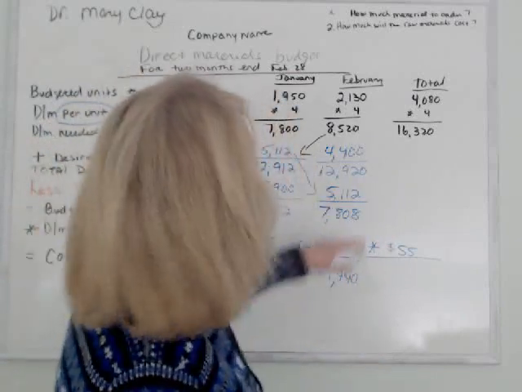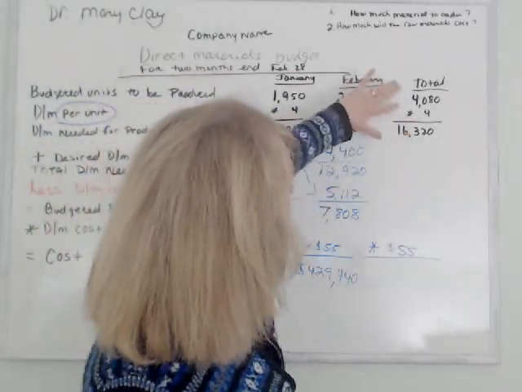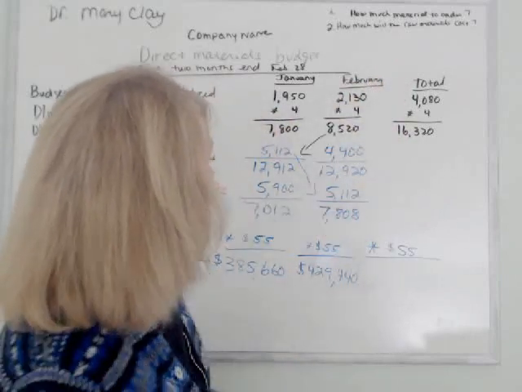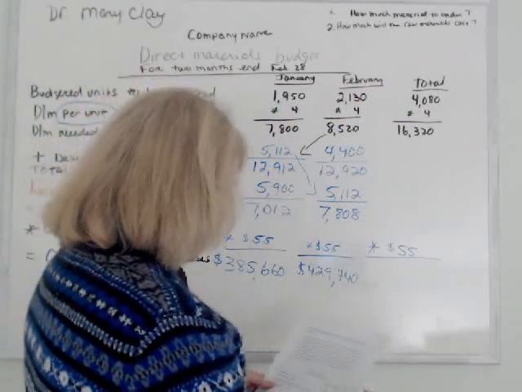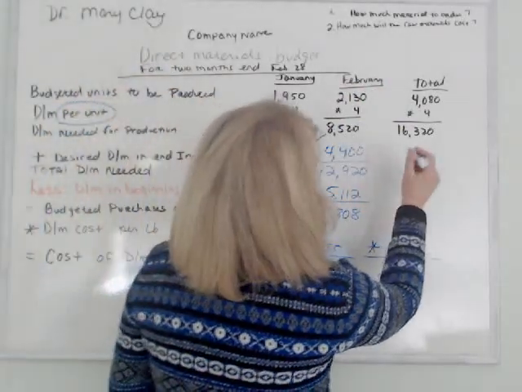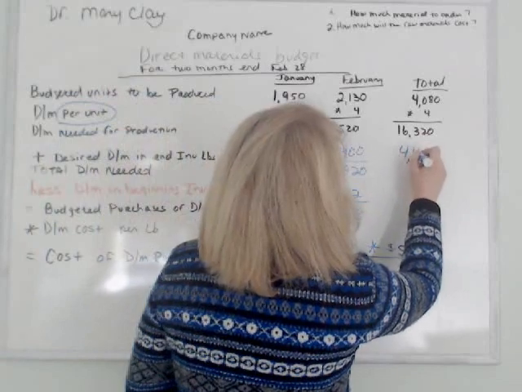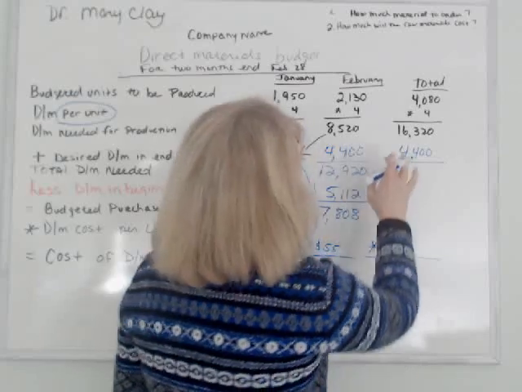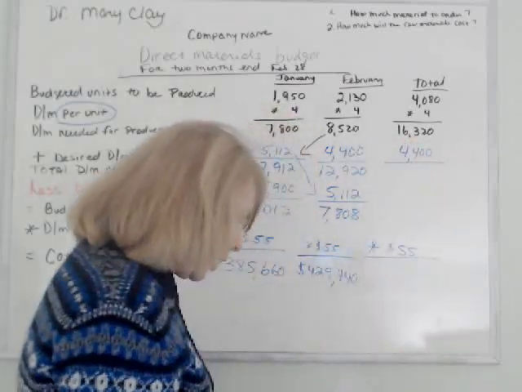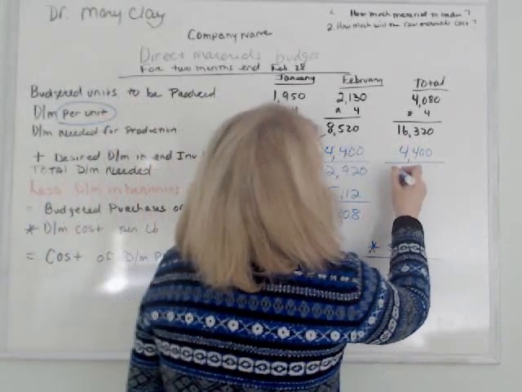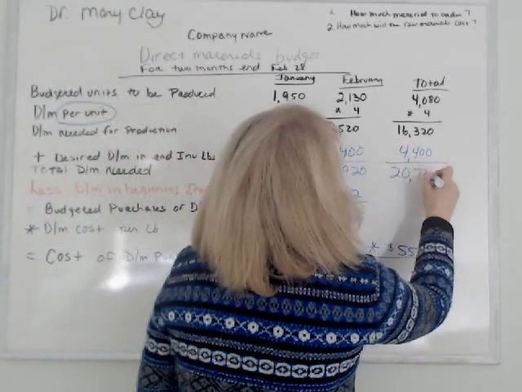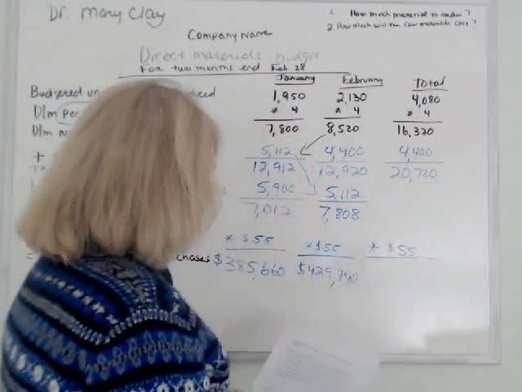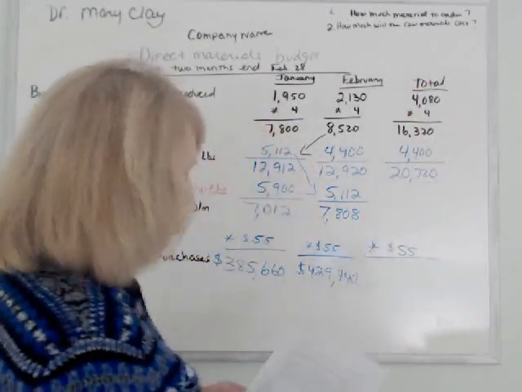Now let's work on the last column. Here we took the 4,080 and multiplied that by 4. But watch our desired ending inventory. I'm just going to bring this 4,400 over. Then I'm going to take this column only. Be careful. 16,320 plus 4,400 gives me 20,720. Everybody watch. Don't total these, total down. So I got the 20,720.